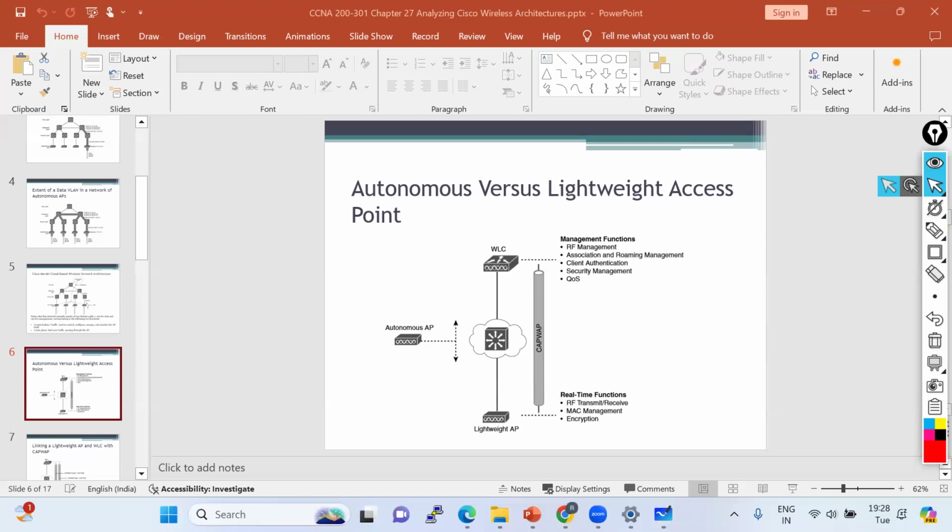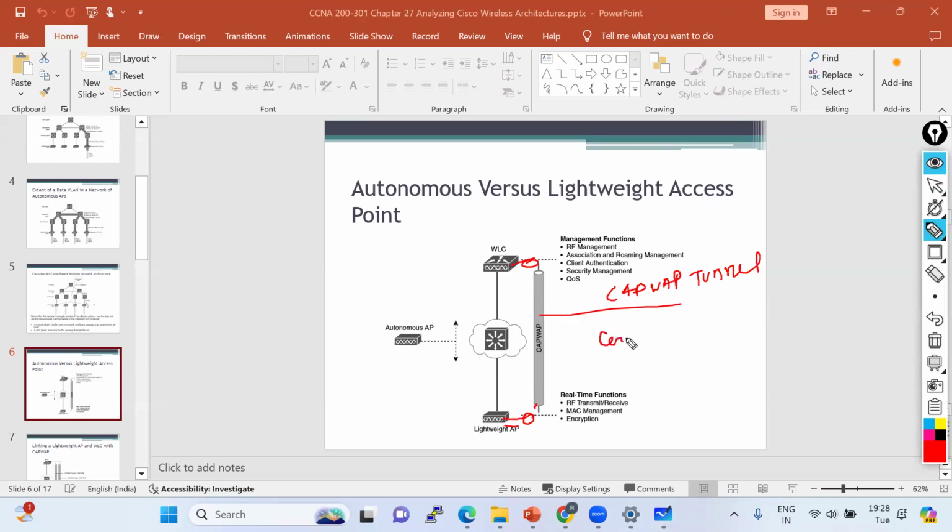So what is a CAPWAP tunnel? Let me write it here. CAPWAP tunnel is a tunnel which is going to be created between your lightweight access point and the WLC. So what is the full form?